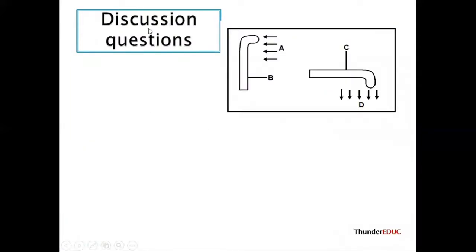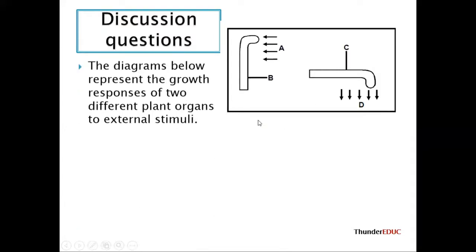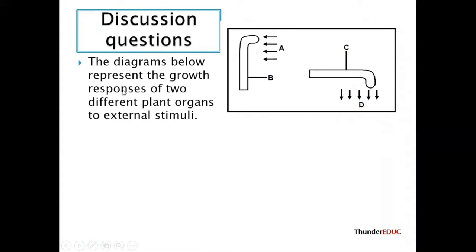Discussion. Let's look at some of the questions. Here you have a plant. We don't know which is the shoot and which is the root, but we have to know. The diagram below represents the growth response of different plant organs to an external stimulus. External means outside. It could be light or it could be gravity, because that's what we have discussed.